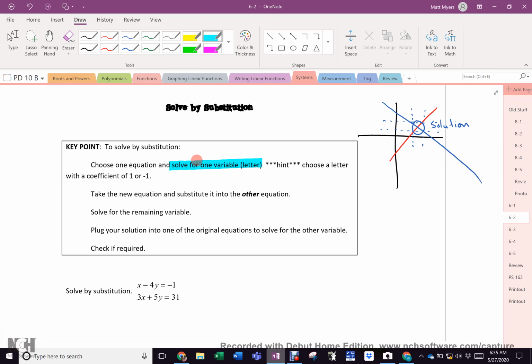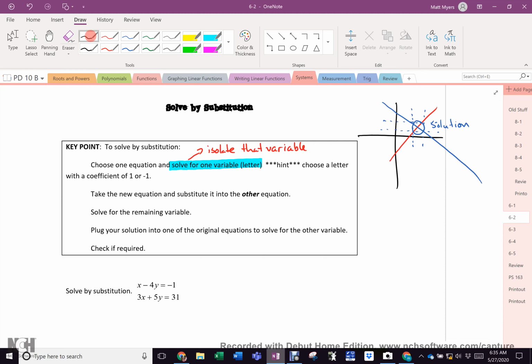Oh, what do you mean solve? How can I solve for a variable? Solving for a variable means isolate that variable. It's not hard to do that. We've done it a million times. So let's do that right now.